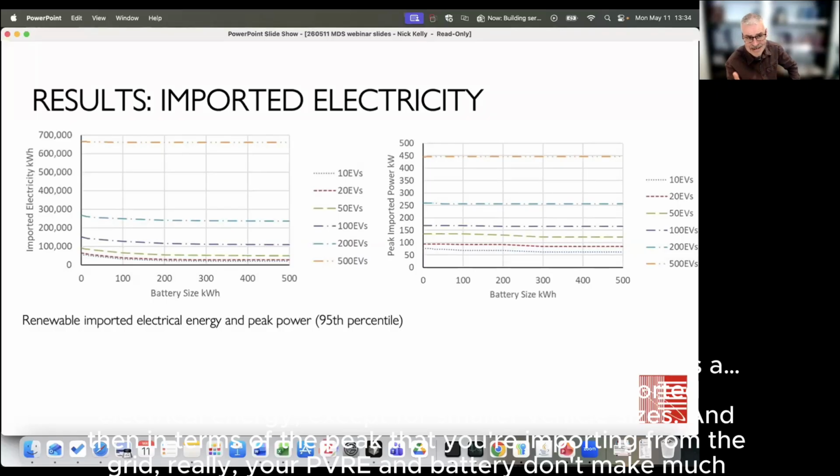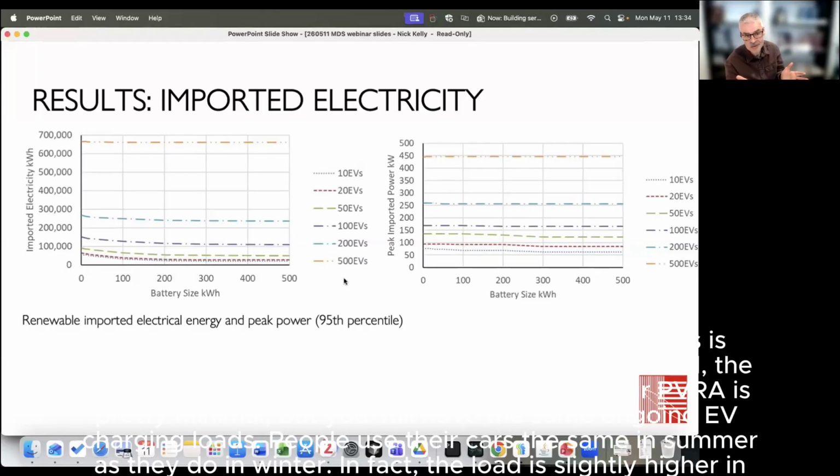So there's not a huge amount of difference in the imported electrical energy, except for smaller vehicle sizes. And then in terms of the peak that you're importing from the grid, really your PV array and battery don't make much difference at all. And the main reason for that is that this is Scotland after all. In the middle of winter in Scotland, the amount of energy produced by your PV array is pretty minimal. But you still have the same ongoing EV charging loads. People use their cars the same in summer as they do in winter.